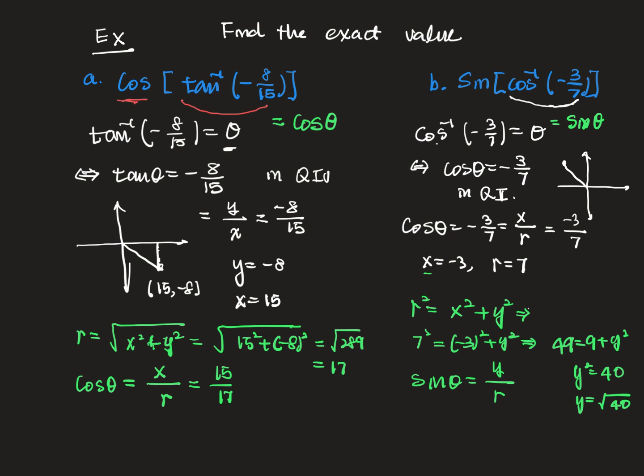We are not taking the negative because it's quadrant 2, guys, right? So you find sine theta: y is the square root of 40, r is 7. That's what you're going to find.